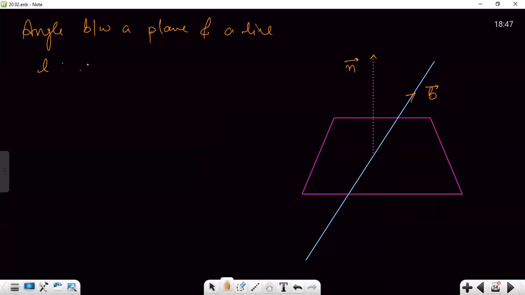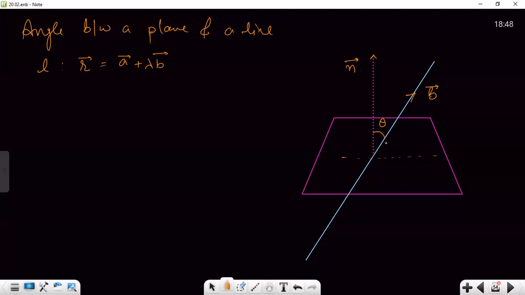So let's say the equation is a plus lambda b. B is the vector that gives us the direction. Let's call this angle theta, the angle between the normal of the plane and the line.